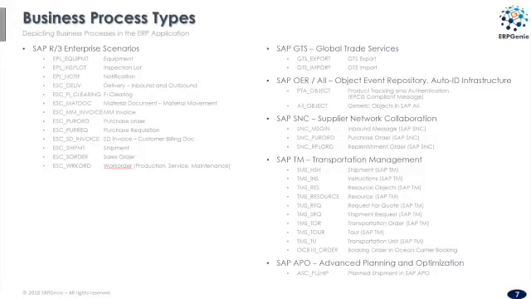Business process type is a concept within event management, and it just basically highlights the higher level version of what processes come standard with event management. So in ECC, as an example, we've got equipment master, the inspection lot, notifications, deliveries, FI documents, invoices, purchase orders, purchase requisitions, sales orders, invoices, customs invoices, shipments, work orders.